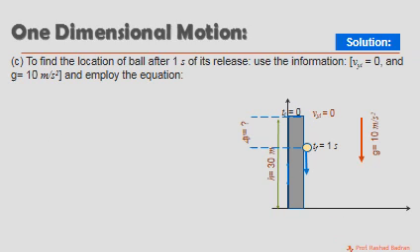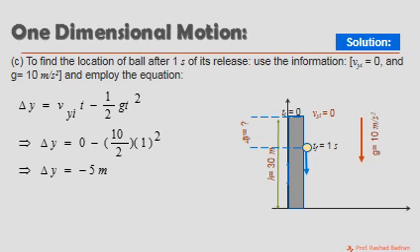There is one further part necessary to solve, which is to find the location of the ball after 1 second of its release. Again, we're going to use the same information and employ the equation delta y equals the product of initial velocity and time minus half g t squared.